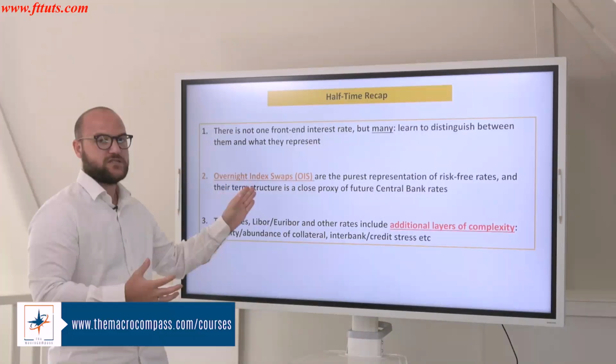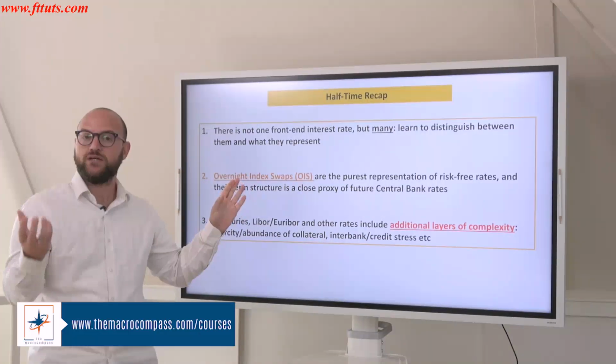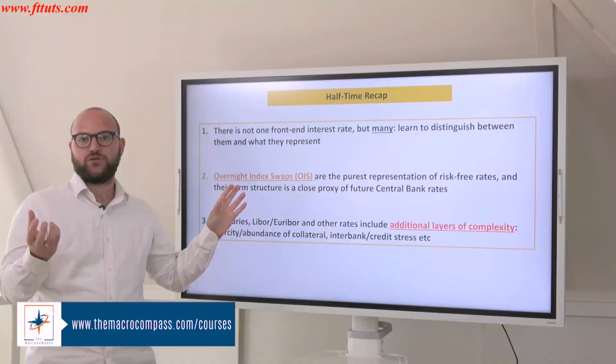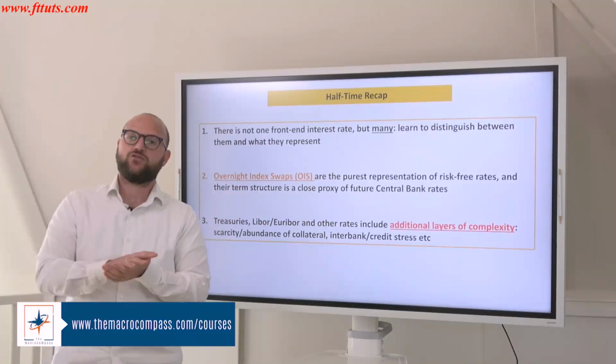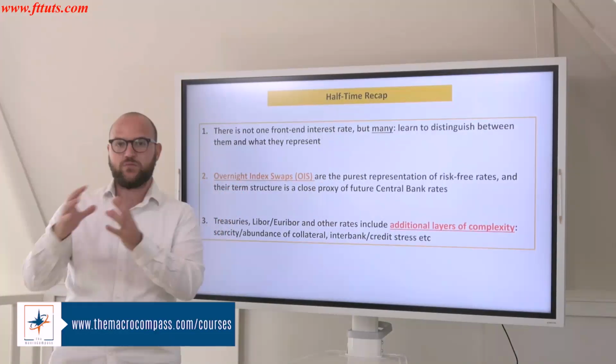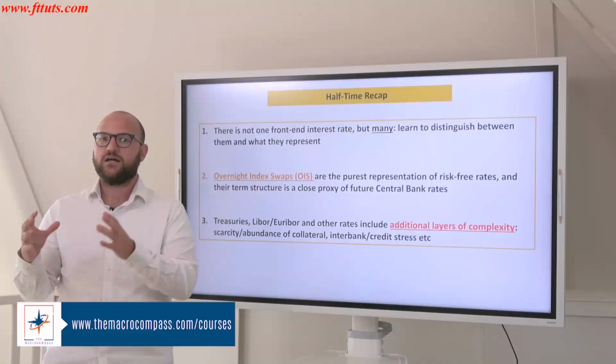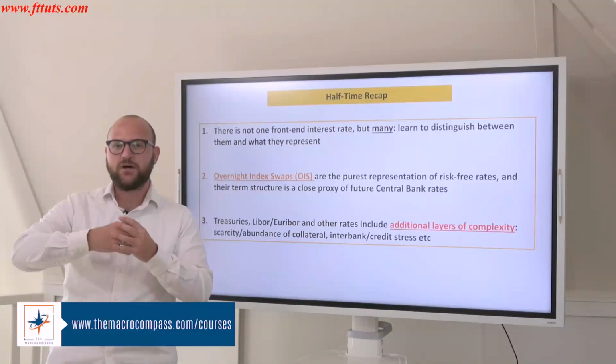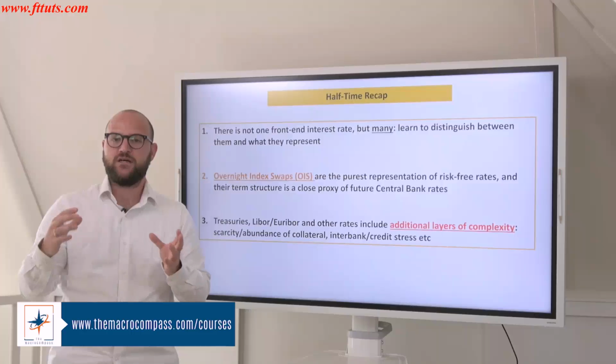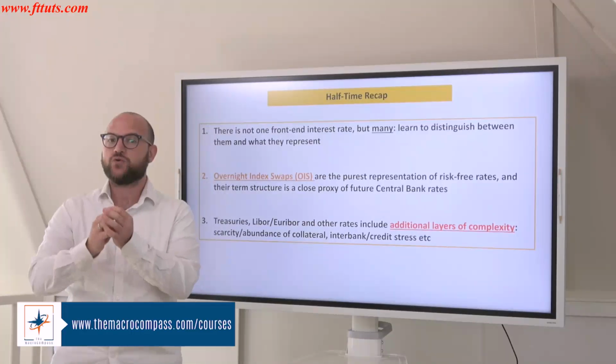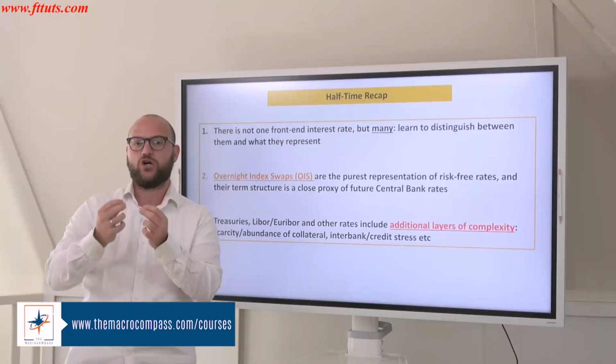Closest proxies to OIS, like SOFR or repo rates, are also an important indicator to track, and treasury bond deals, so T-bills and German government bonds, as we have seen, can have quite some nuanced differences between OIS rates, especially in Europe when there is scarcity of AAA collateral.